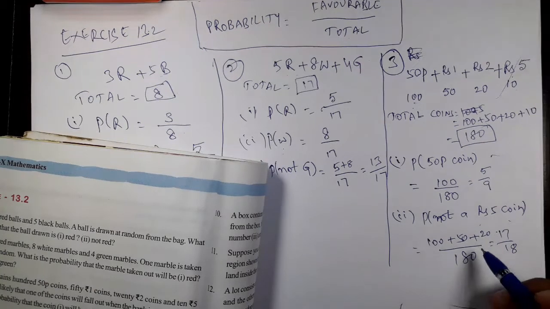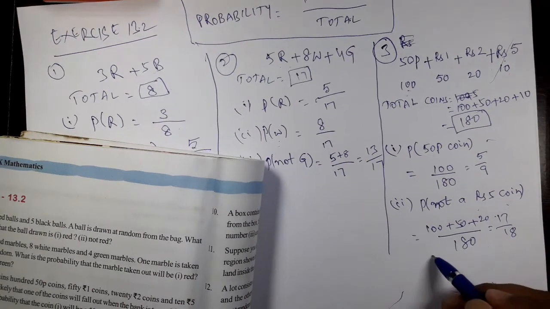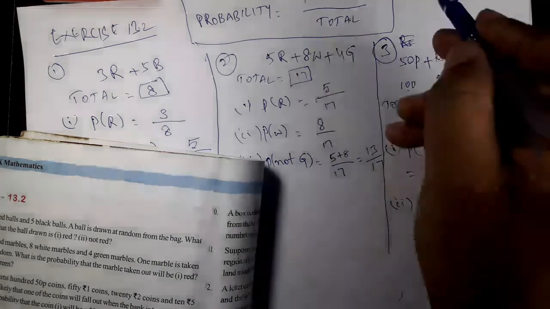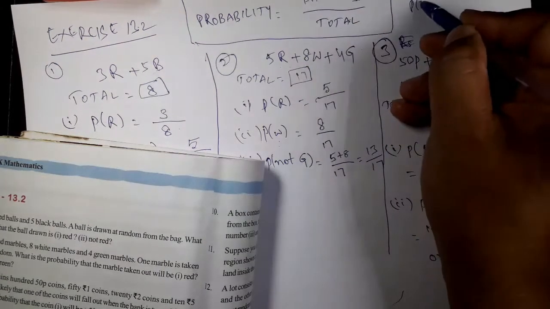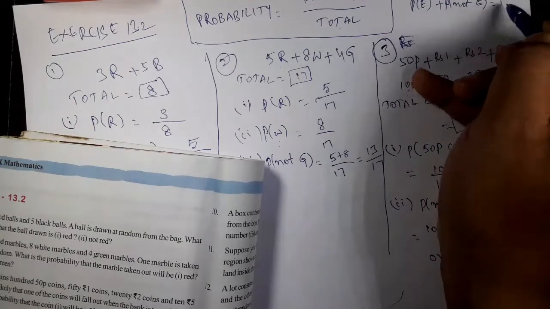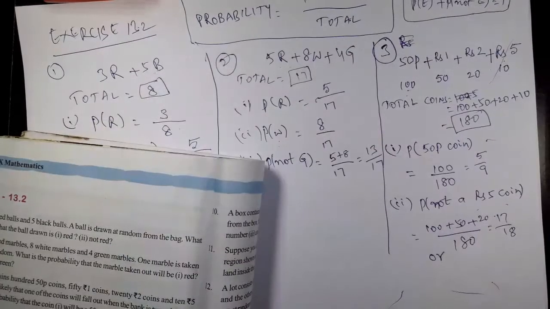But if we observe, this is the answer, of course, for this. The same thing can be solved another way also. We know the formula P of E plus P of not E is equal to 1, right? Let us use that formula.